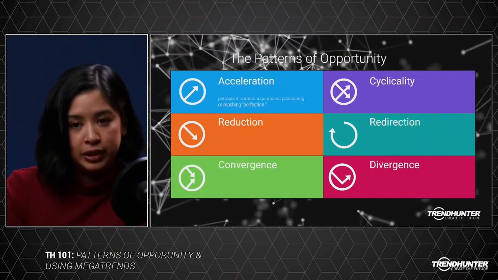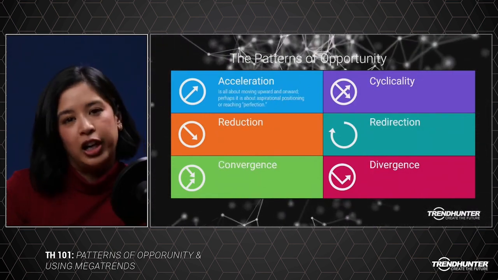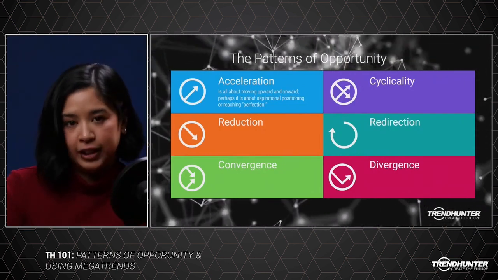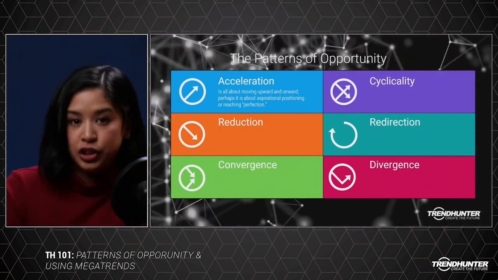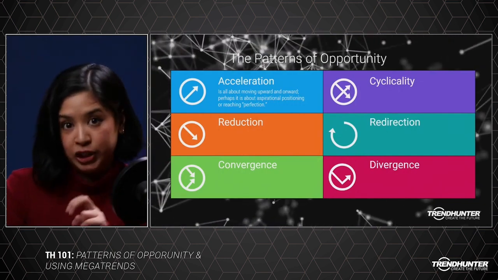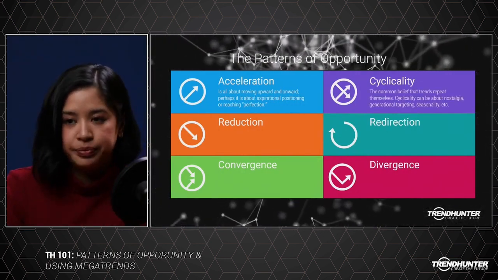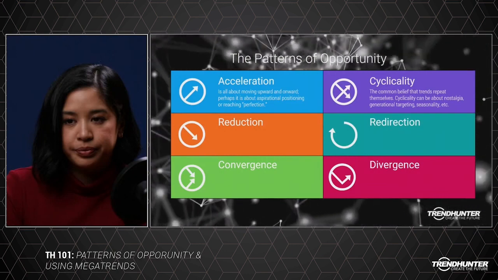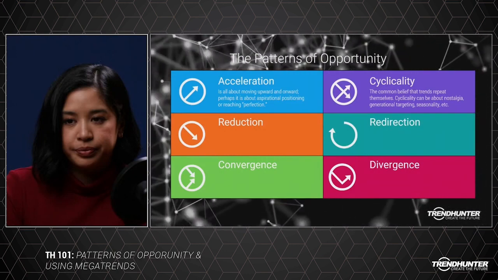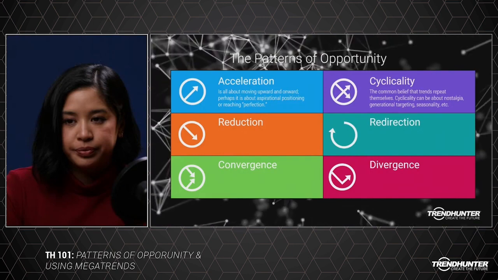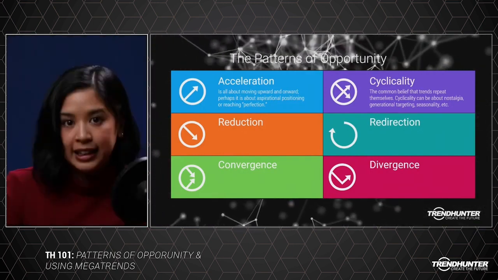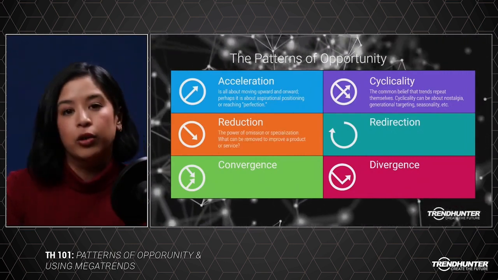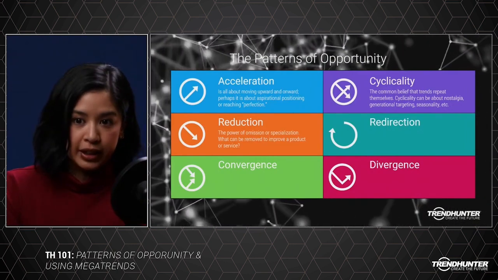So for example, acceleration is all about moving upward and onward. It's about hyper-focusing on something specific to achieve aspirational positioning or even reaching a sense of perfection. Trends repeat themselves, and taking advantage of cyclicality can look like nostalgia, generational targeting, seasonality, etc. Reduction is all about the power of omission or specialization.